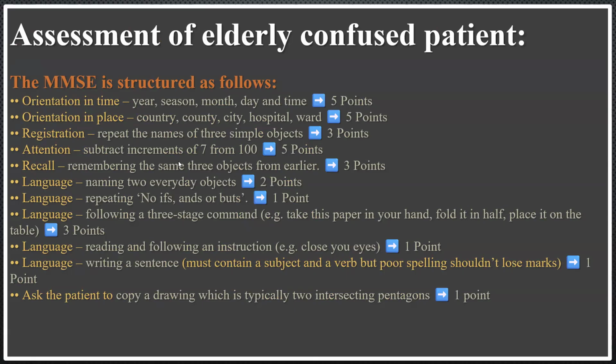Recall, he cannot recall. So 5 points missed, 5 points missed, 3 points missed, 5 points missed, 3 points missed, 2 points missed. So the score will be less than 10. Okay. So this is severe impaired cognition. Easy? Easy. Okay.